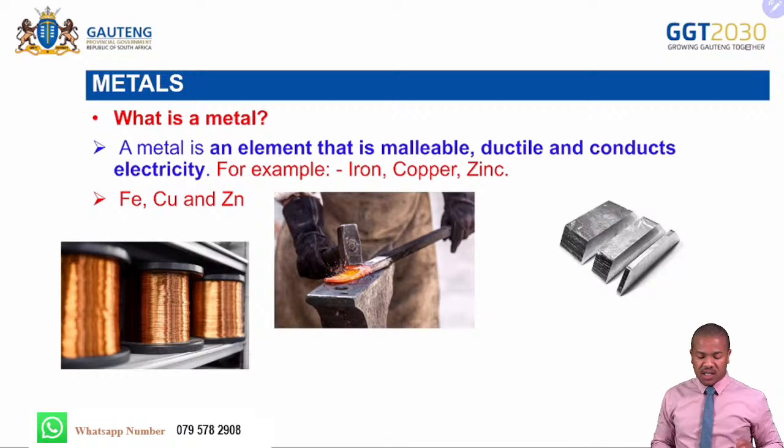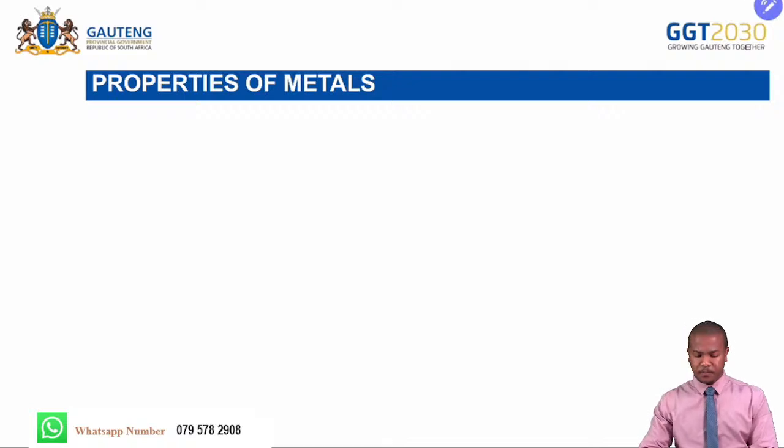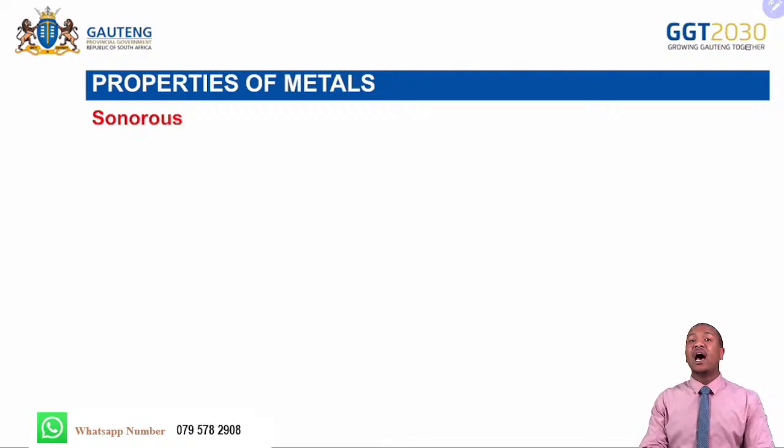And keep in mind these examples, the iron, copper, and zinc. Now, properties of metals. What characteristics do these metals have, right? First of all, they are sonorous. What does it mean when we say metals are sonorous? It means that they can give off sound, right?